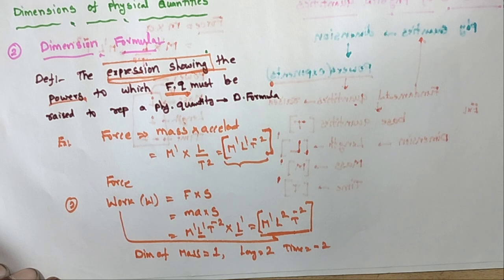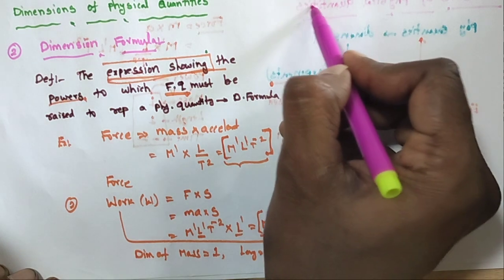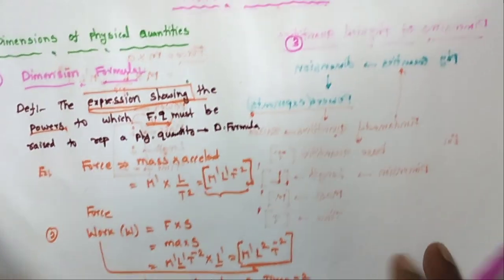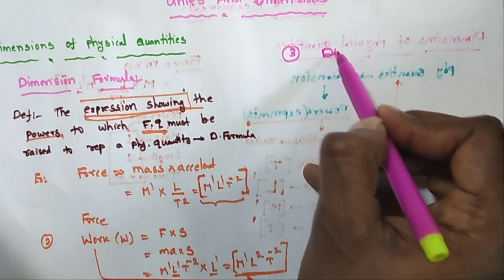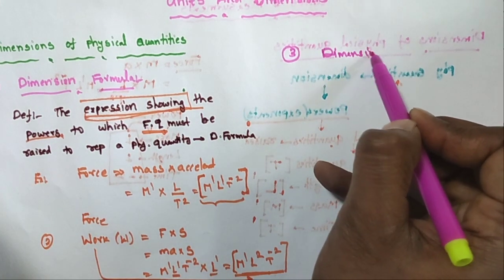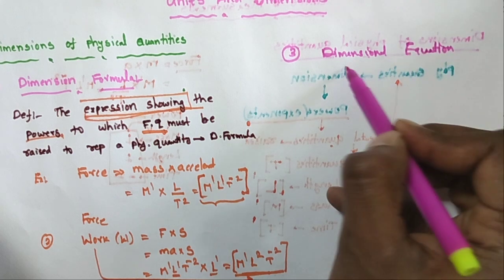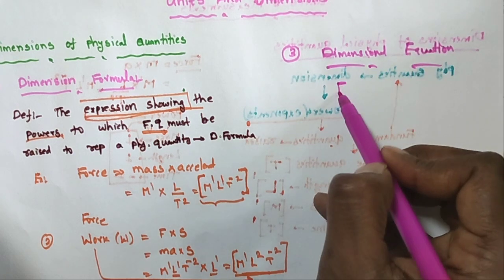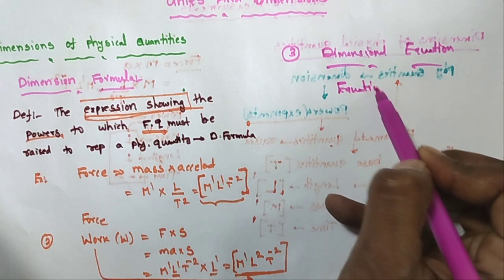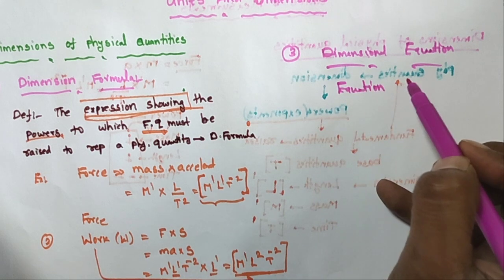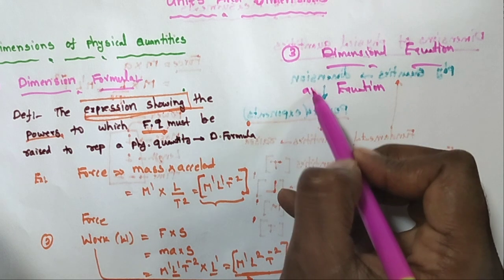And the third one, dimensional equation. Here I am taking some dimensional equations. What is the meaning of the equation? What is the dimensional equation?